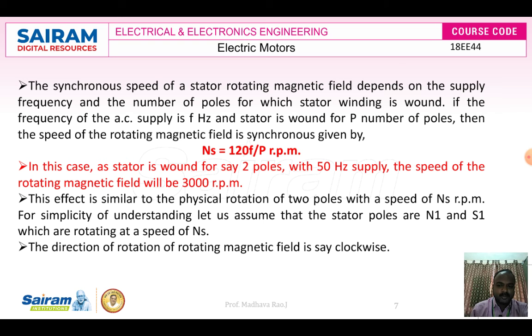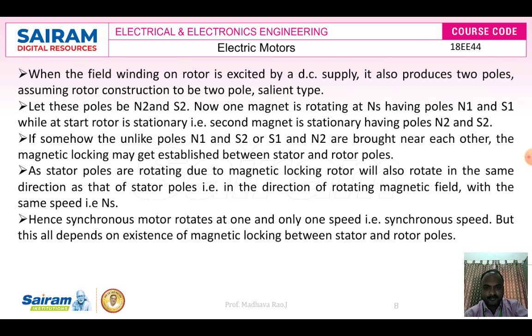For simplicity of understanding, let us assume that the stator poles are N1 and S1. The synchronous speed we are considering as Ns. The direction of rotation of the rotating magnetic field is clockwise.